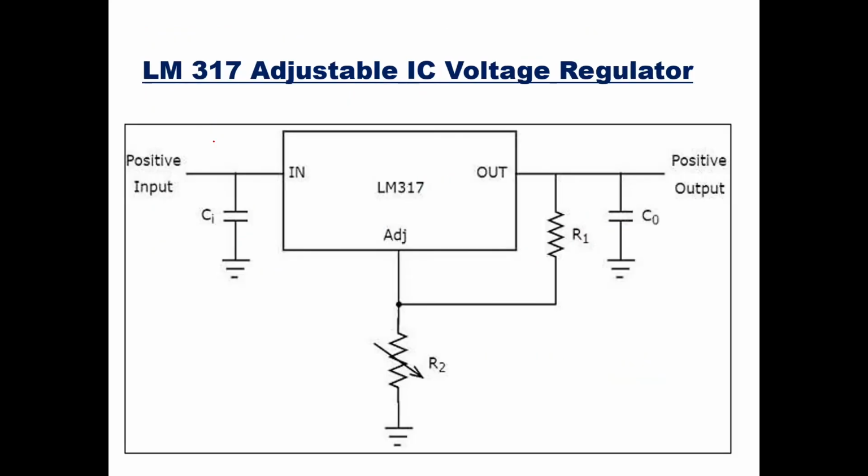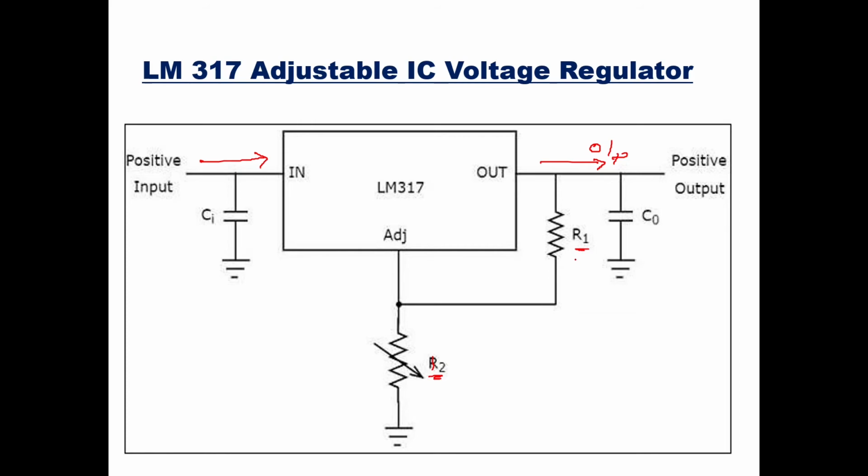Now if you see the circuit, the input is given here and the output is taken out here. This output depends on the values of resistances R1 and R2.